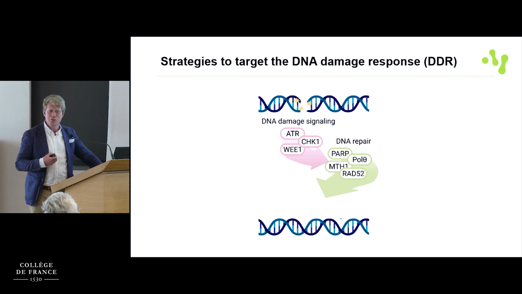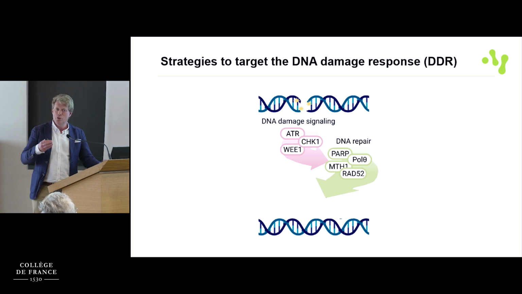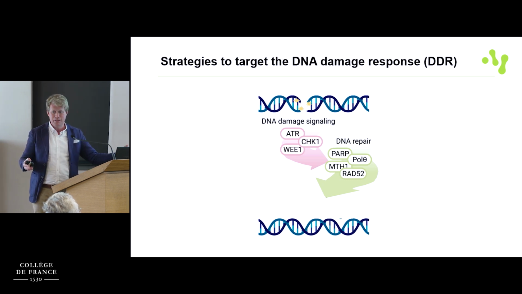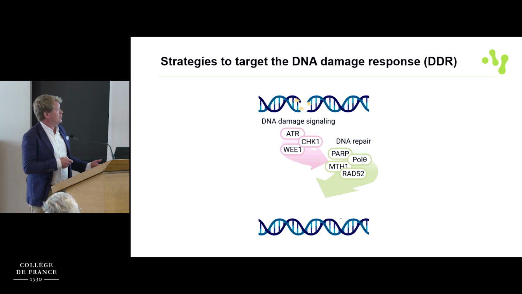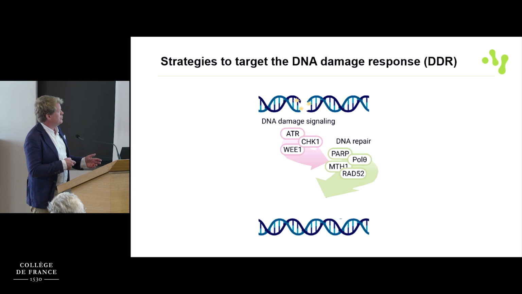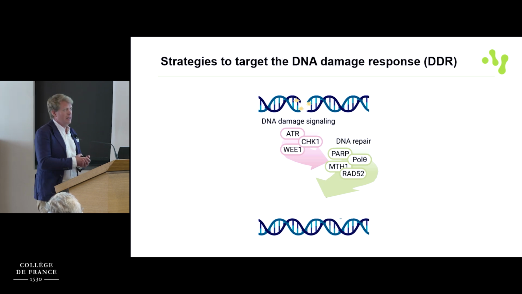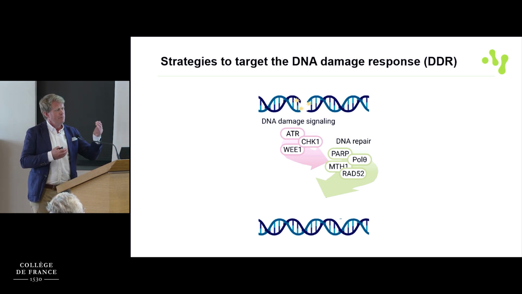The PARP inhibitors were very successful because of this huge synthetic lethality, this huge difference in killing the BRCA mutated cells and the non-mutated cells. The other ones have been struggling a little more. We heard about WEE1 and CHEK1 inhibitors this morning, and also ATR inhibitors from Hugues de Thé. They have been struggling harder in the clinic because there you don't have the same therapeutic index.